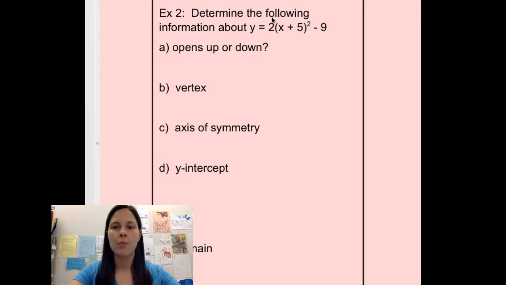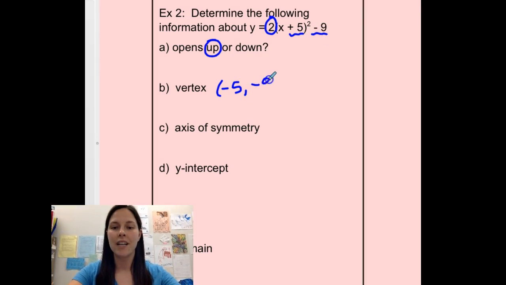Does our graph open up or down? That comes from the a value, what's being multiplied in front of the parentheses. If it's positive like ours is, it opens up, and when it's negative, it opens down. The vertex comes from inside the parentheses grouped with the x and its opposite, and then the number that's on the outside being added or subtracted, and that is normal.